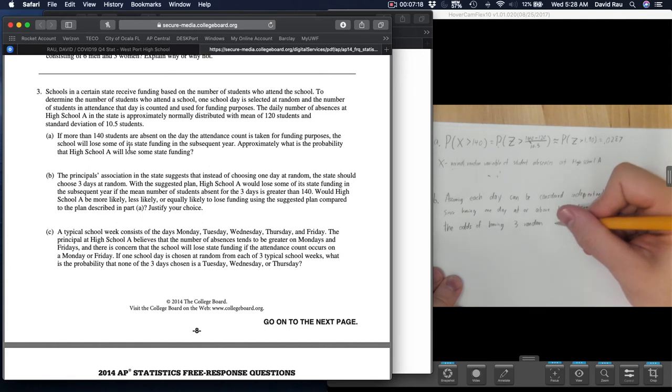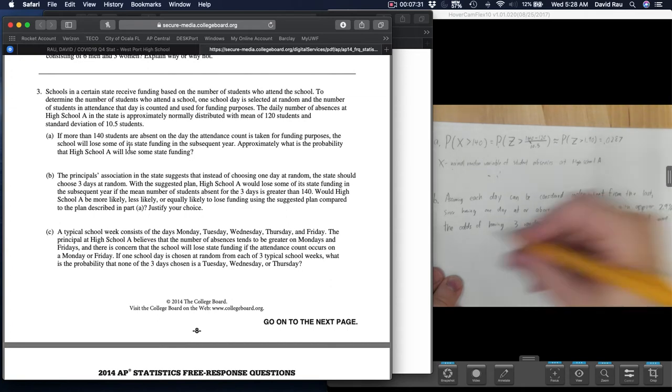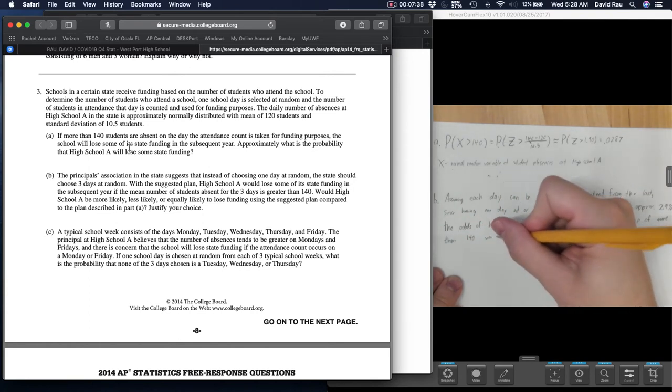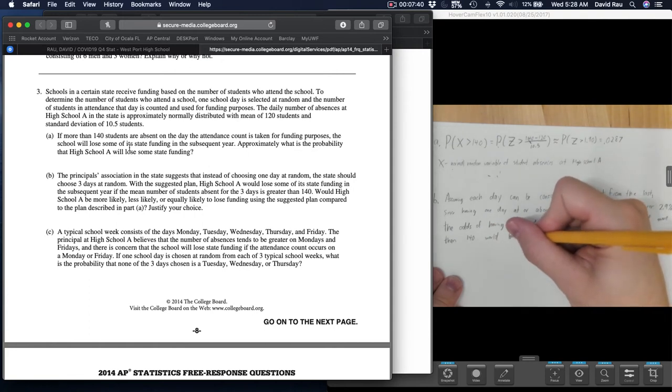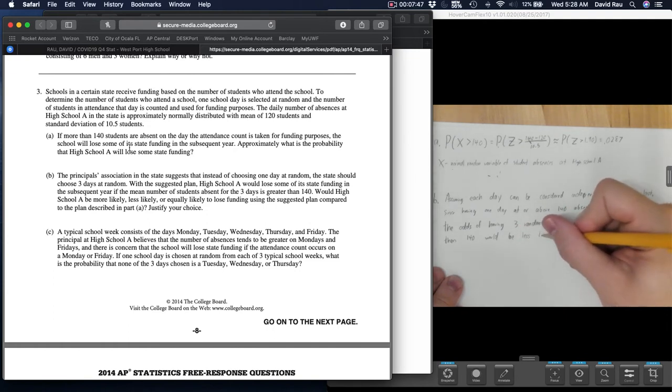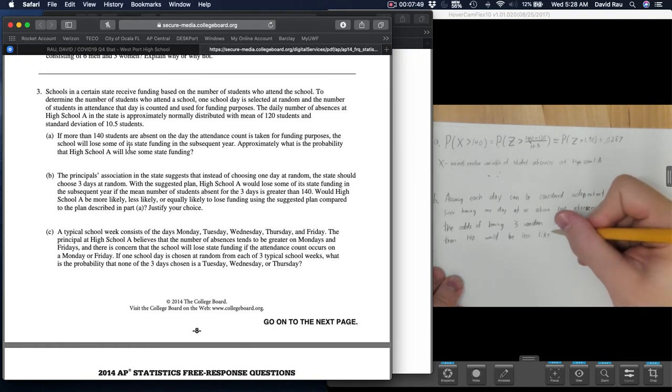the odds of having 3 random days having an average of more than 140 would be less likely.